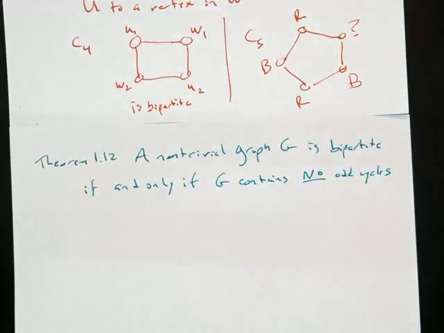So not only does C5 become untenable, K5 becomes untenable, because C5 is inside of K5, isn't it? The outside ring. Any graph that contains a triangle anywhere in it cannot possibly be bipartite.